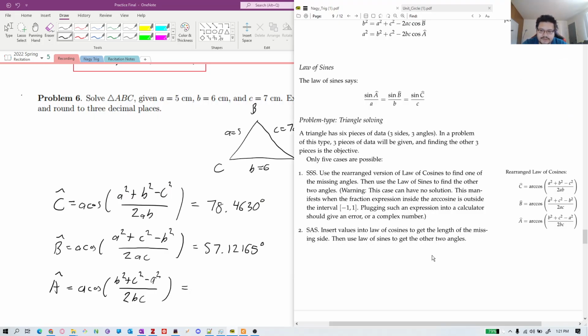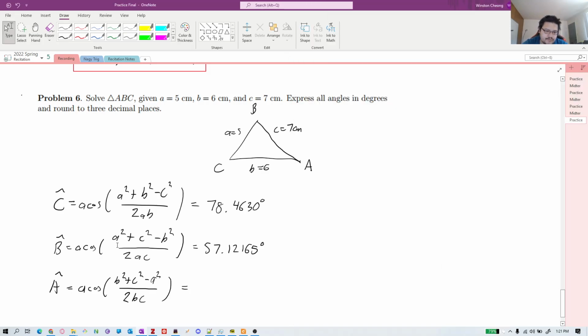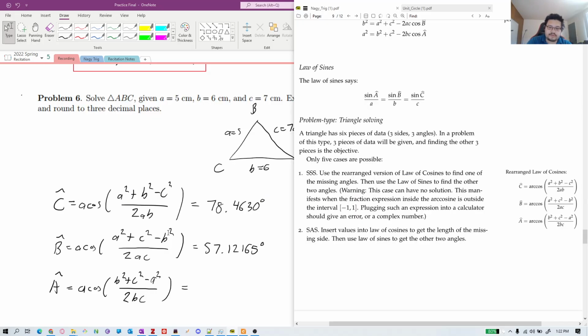Which you can check, yes, that is correct. All you have to do here is add the squares of the letters that are not the angle, and then subtract the square of the angle's letter, and divide by twice the product of the two sides that are not the same letter. These two are not the same, these two are not the same, and the thing that you're subtracting is the same. So there's a pattern here, a bit of a symmetry going on.